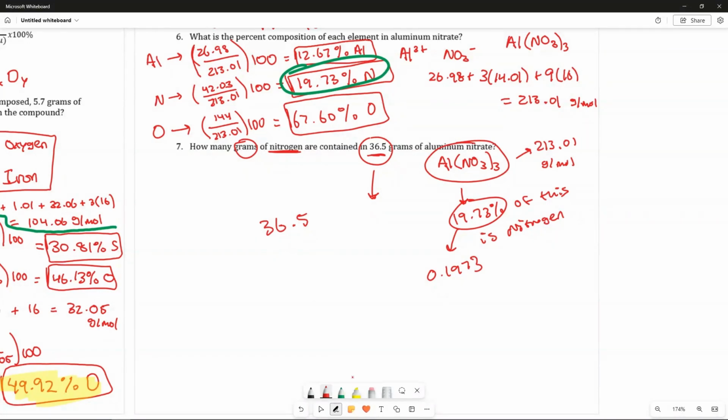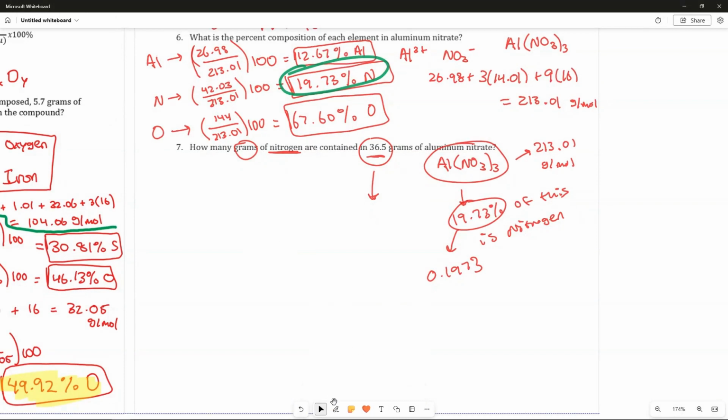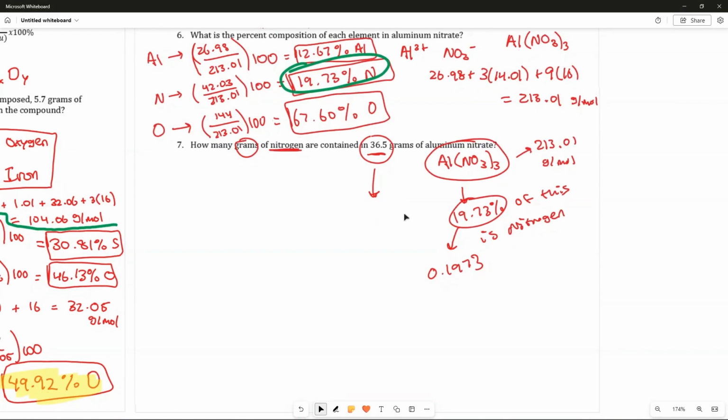In order to determine what 19.73% of 36.5 grams is, just multiply it. 0.1973 times 36.5.